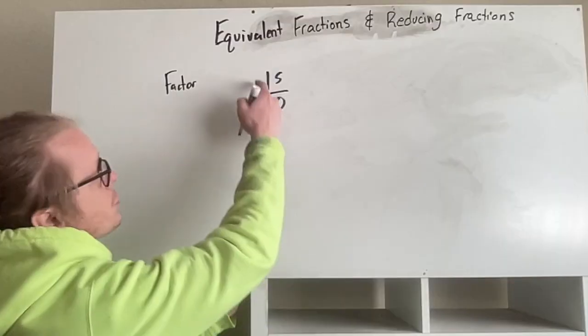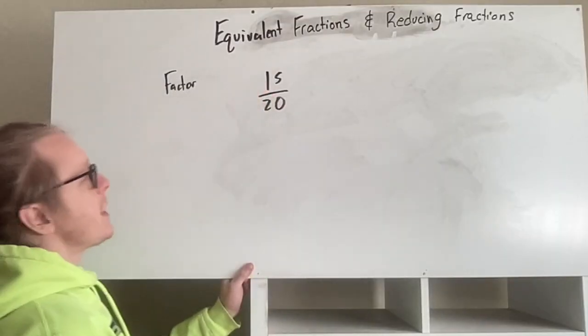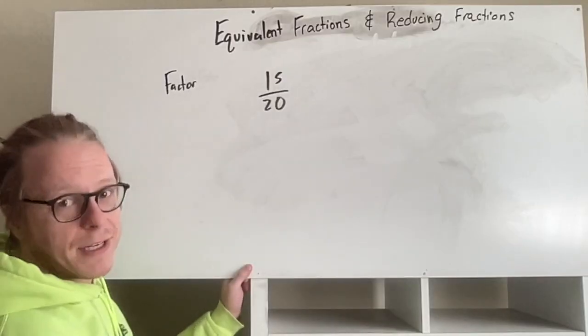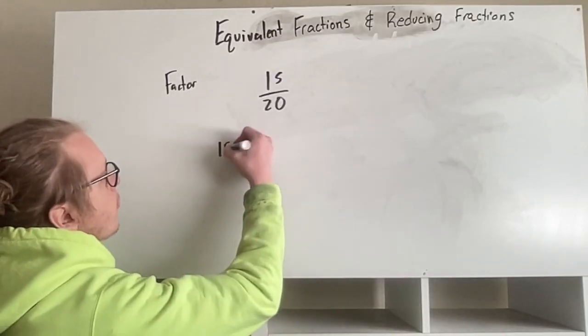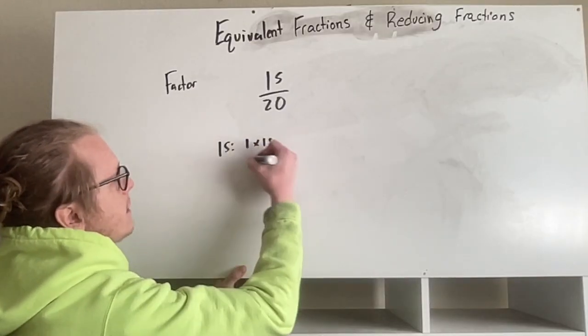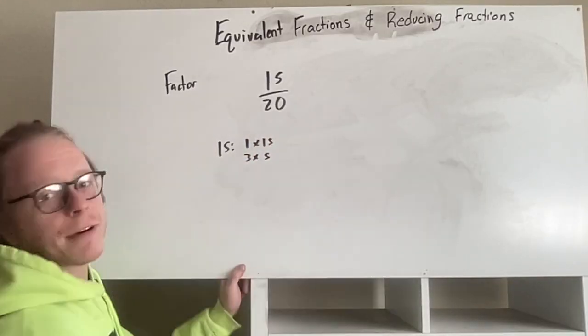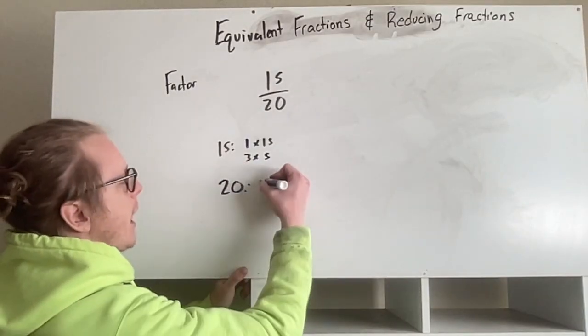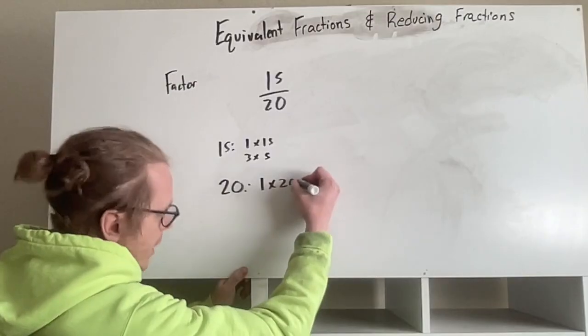So in order to reduce this fraction, we need to think about the factors of 15 and the factors of 20. So what are all the ways I could multiply to get 15? 1 times 15 and 3 times 5. Okay, what about to get to 20? Well, 1 times 20.